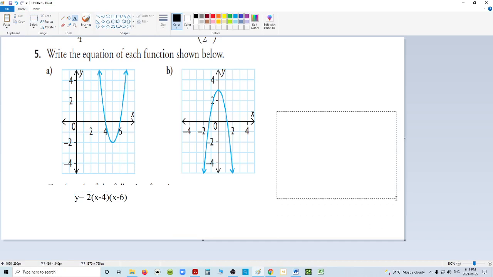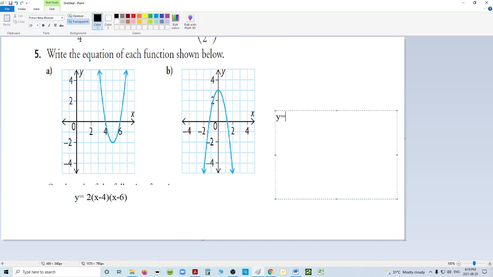Then looking at this one, I know it's a downward-facing parabola, so I will expect my a to be negative, but I can't quite see that, but I can see the vertex. So I know my x squared is just going to be normal, and then I'm going to have a plus 4. Now to figure out my a, I need any one clean value that's not the vertex. What's the cleanest point on here? It's probably 2 comma minus 5.